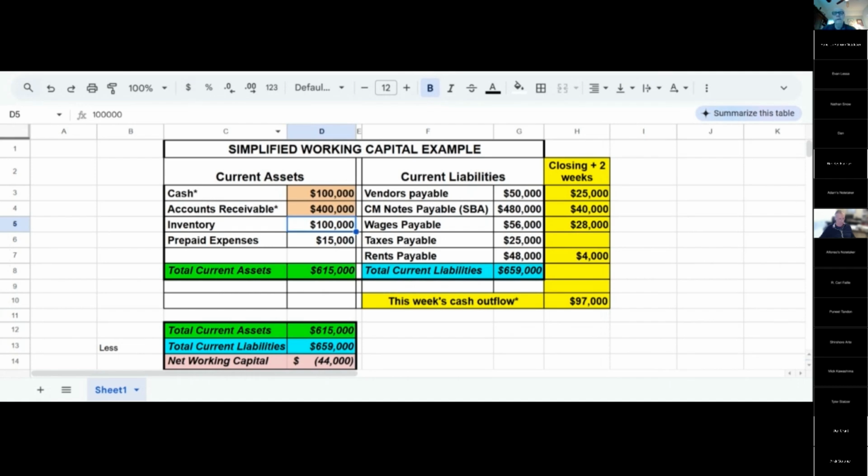And Evan, you're right. I consciously made this little example really on the wire, because I wanted people to understand the importance of the differences. I didn't want people to assume that working capital is kind of a be-all and end-all phrase, that if you've got X dollars in working capital, you're good.